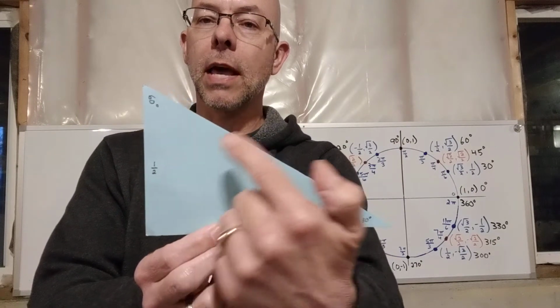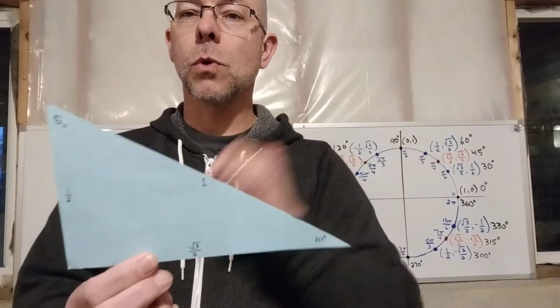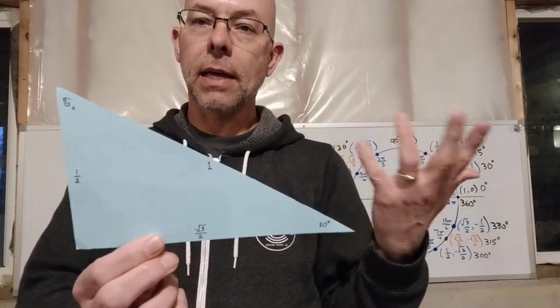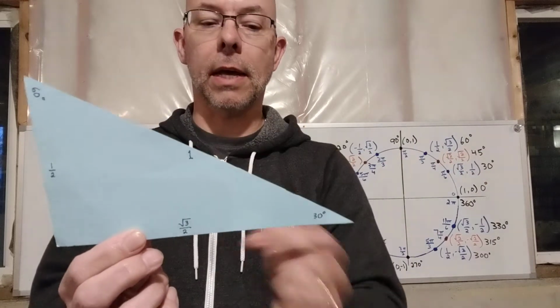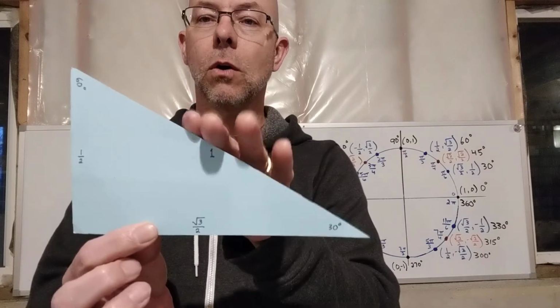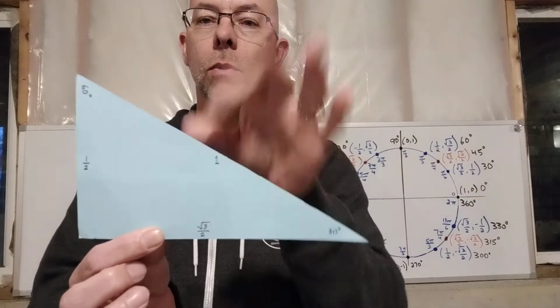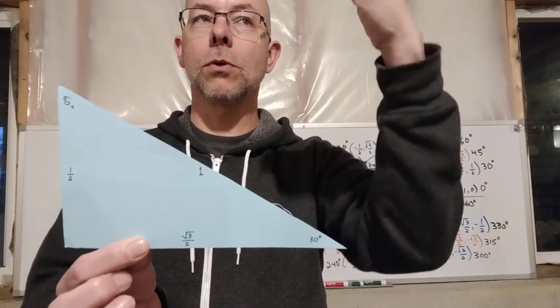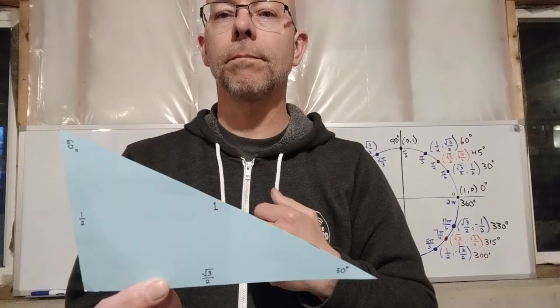Well, opposite's 1/2. The hypotenuse is 1. 1/2 over 1 is 1/2. So the sine is 1/2. If I asked you what's the cosine of 30 degrees, that's adjacent over hypotenuse. Square root of 3 over 2 over 1 is just square root of 3 over 2. Dividing by 1 does nothing.